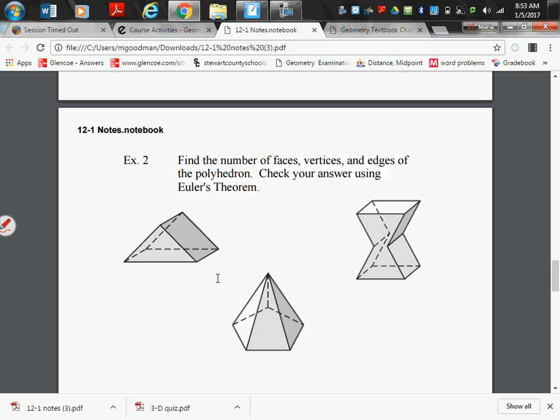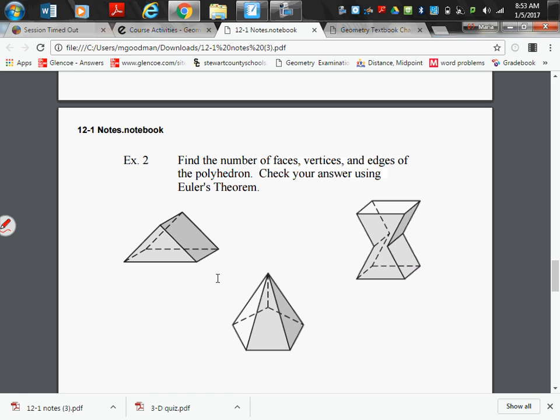Find the number of faces, vertices, and edges of the polyhedron. Check your answer using Euler's theorem.